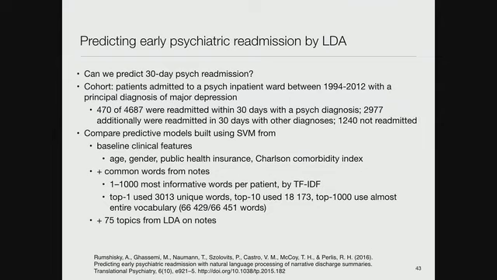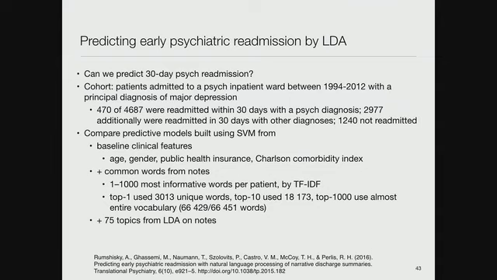And then we said, well, what if we add to that model common words from notes? So we said, let's do a TF-IDF calculation. This is term frequency divided by log of the document frequency. So it's how specific is a term to identify a particular kind of condition. And we take the 1,000 most informative words.